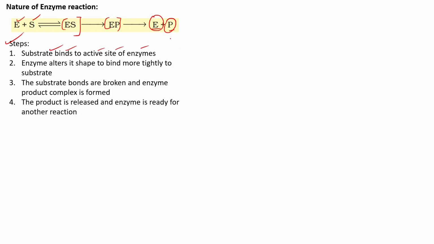Remember, the active site is flexible in nature. There is no rigidity, which means that even a substrate with a different shape and structure can still bind to the active site of the enzyme.